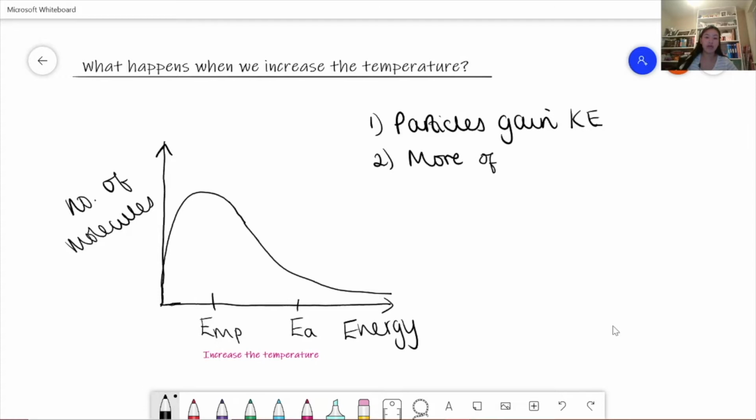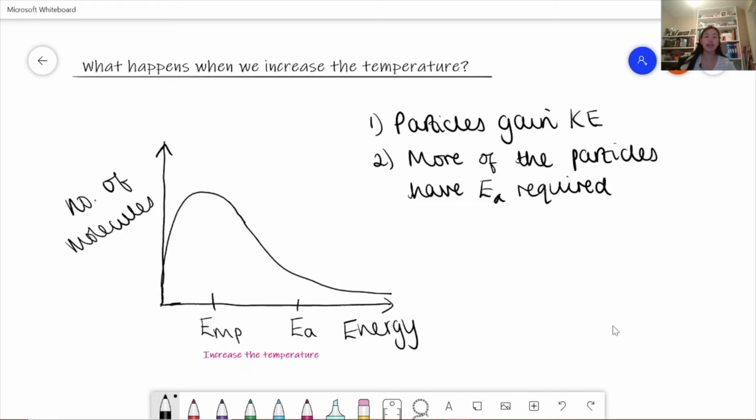More of those have the activation energy required. And so that means that a bigger proportion of them will actually have a successful reaction.